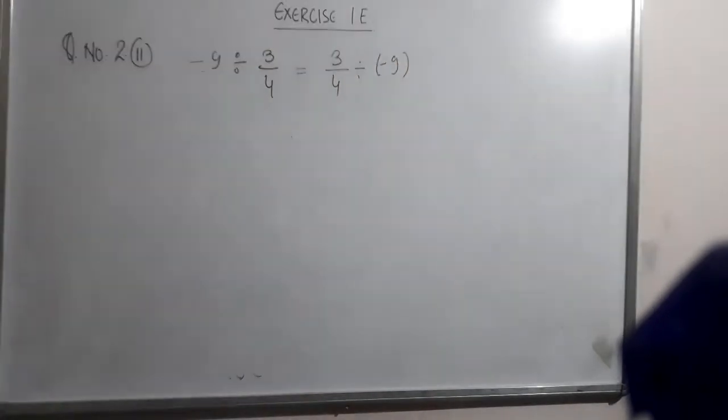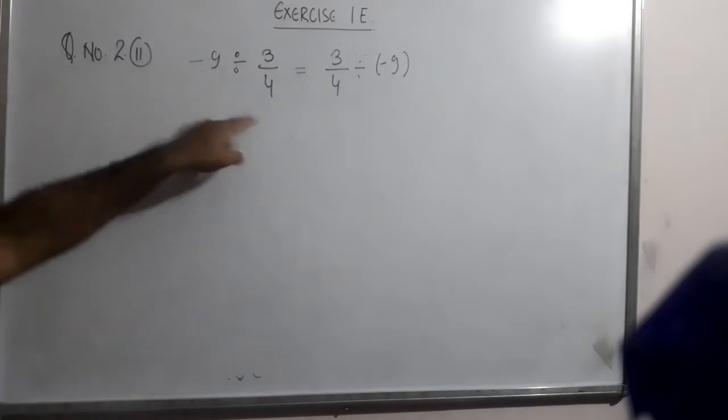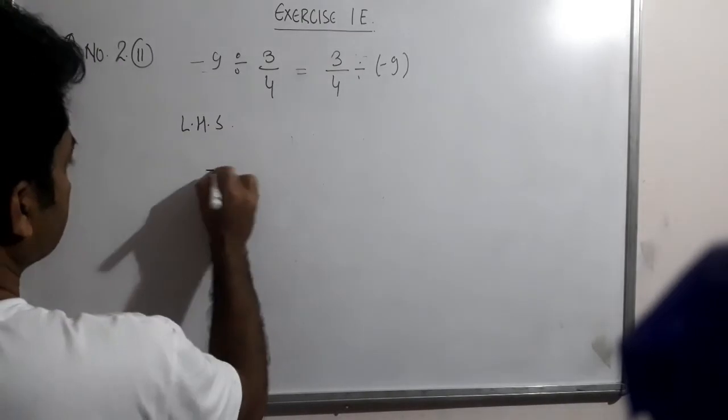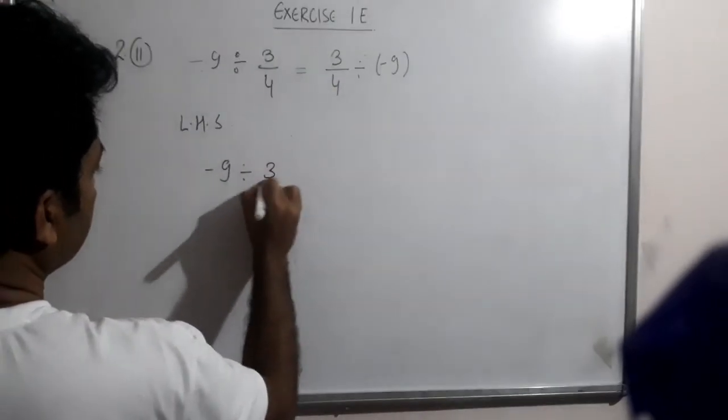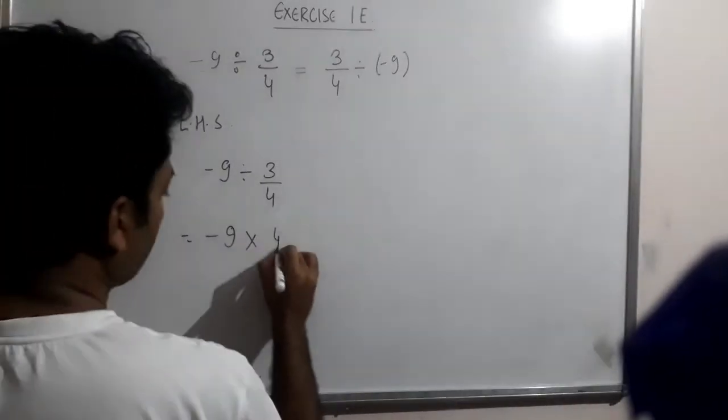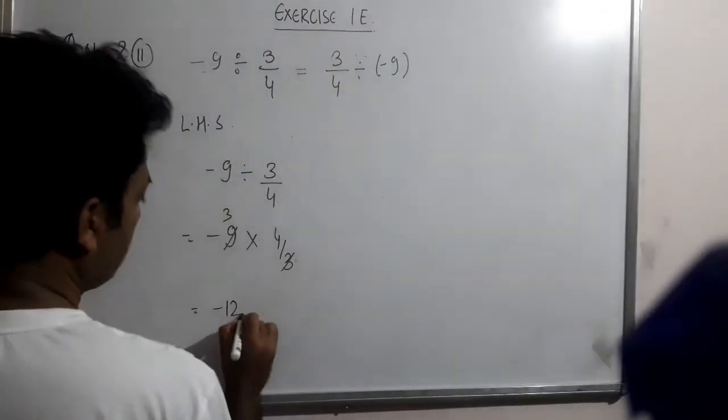Now let's check what happens. Here A and B are two different rational numbers, so again you have to write LHS: minus 9 divided by 3 by 4. So minus 9 into the reciprocal of 3 by 4, which is 4 by 3, is equivalent to minus 12.